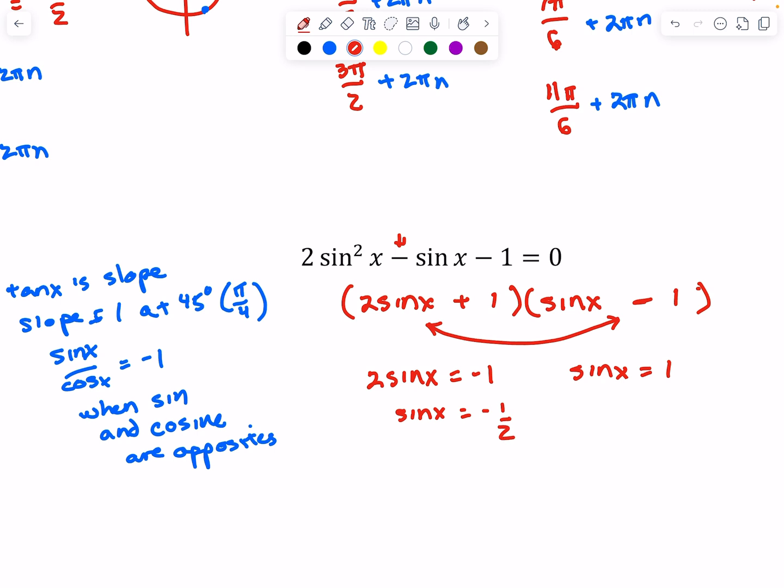We've done that one before. And sine x is 1 when you are up. So there's only one answer to that. Again, this is 7 pi over 6 and 11 pi over 6. That's a terrible 6. Okay.